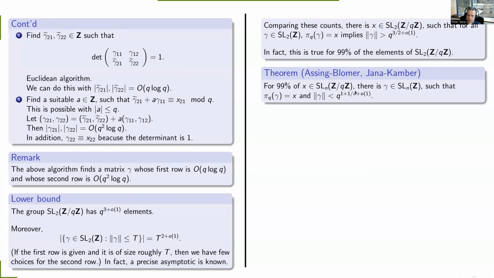And if you take n equals 2, that's 3 halves. So what this says is that this lower bound that you get from counting is optimal if you are not looking at the lifting problem for the worst case, but you are looking at only a typical 99% of elements in SLN(Z mod QZ).